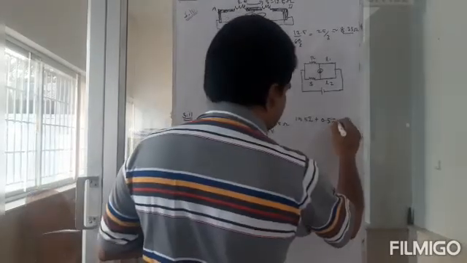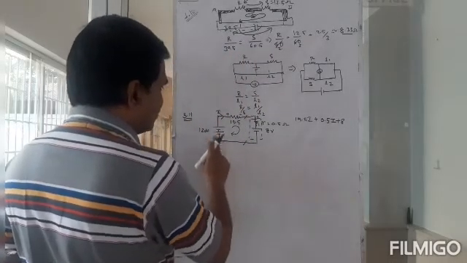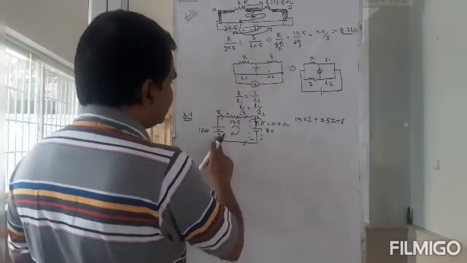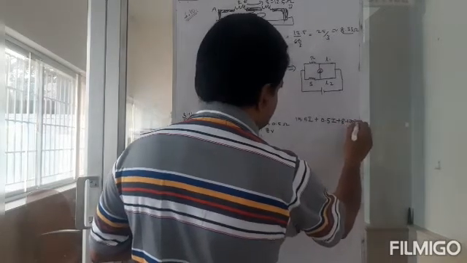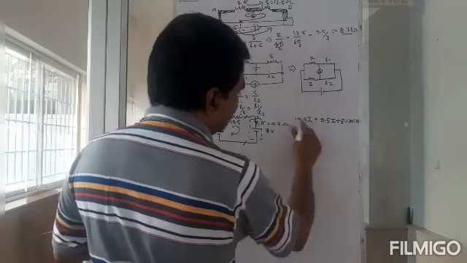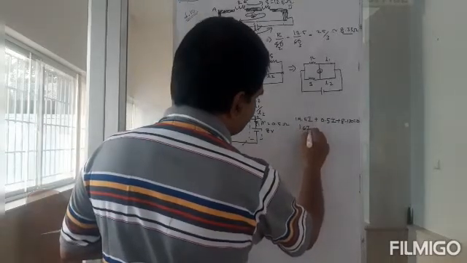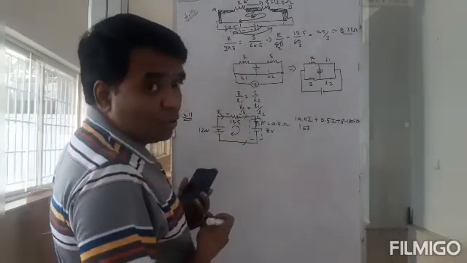So that is again plus 8 for a change. Then I come back and then I enter through this 120 through the negative terminal. So that is minus 120, equal to 0. Okay, so 15.5i plus 0.5i, that is 16i, equals 120 minus 8, that is 112.